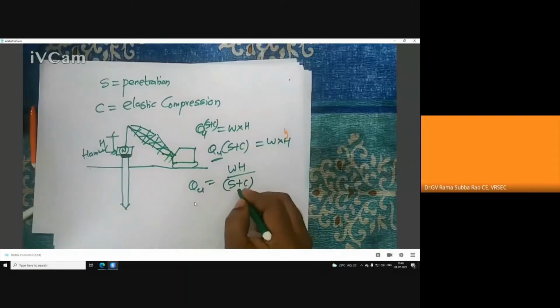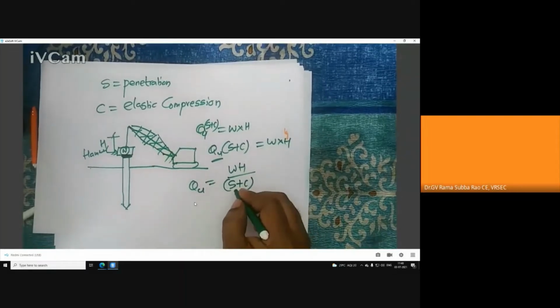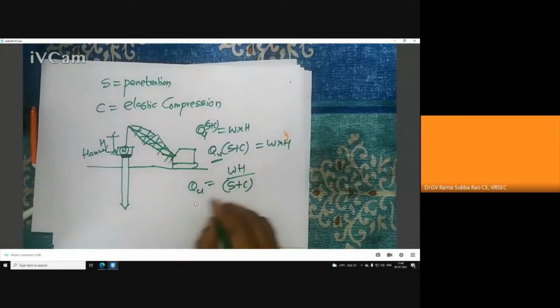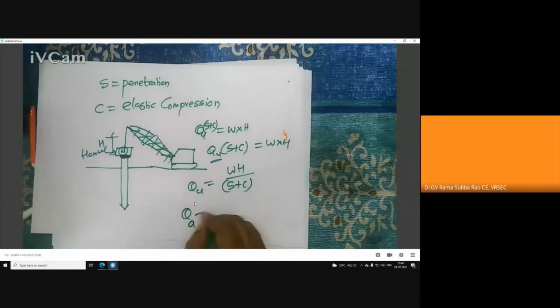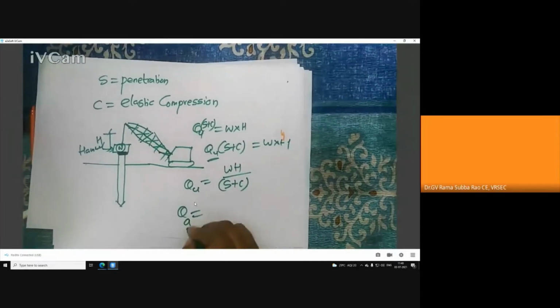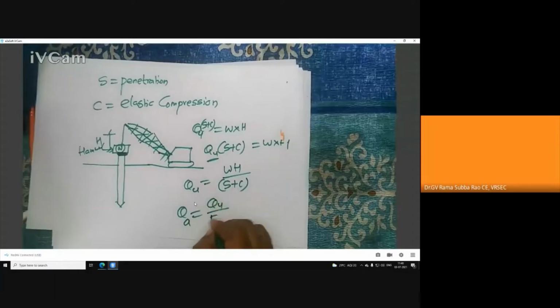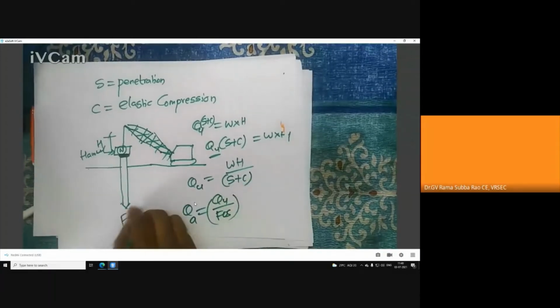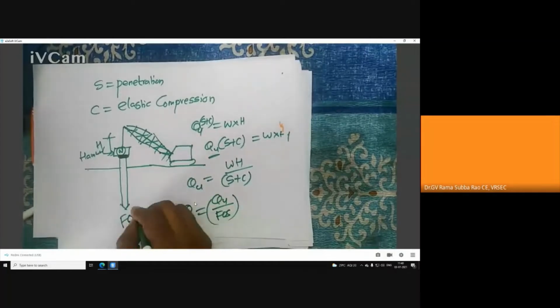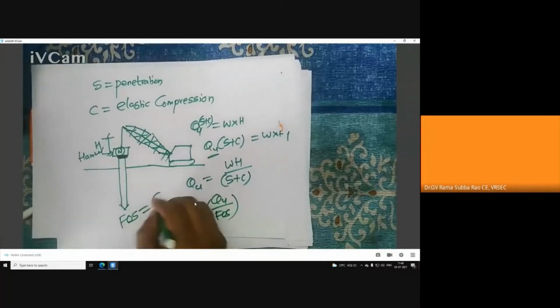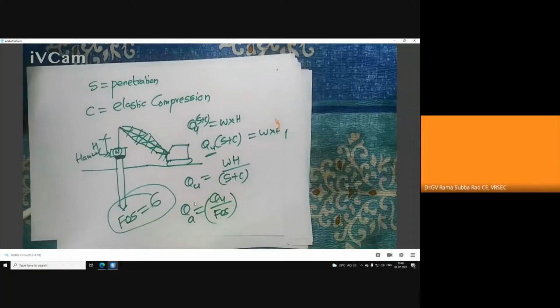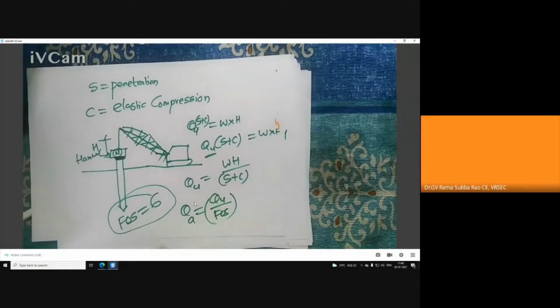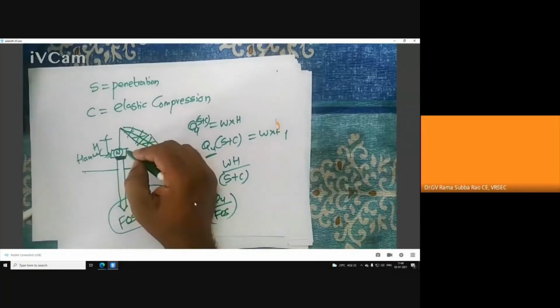Now someone can ask me, sir, can you tell me how to calculate allowable load? Allowable load is equal to QU by factor of safety. Because of so much uncertainty, Wellington has proposed a factor of safety of 6. In dynamic formulae, there may be a lot of energy losses.